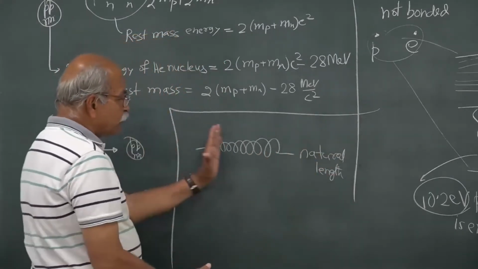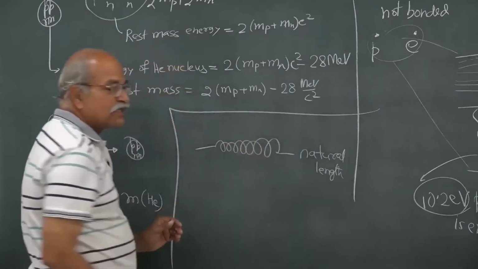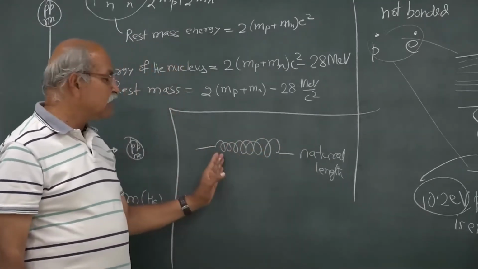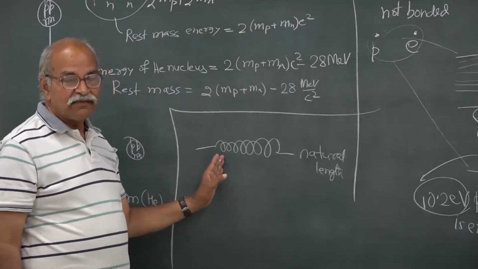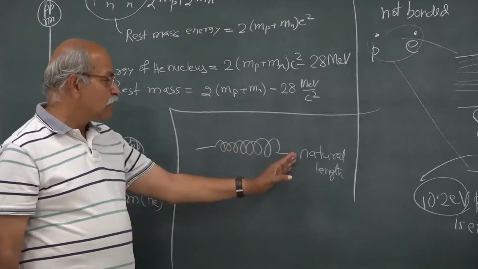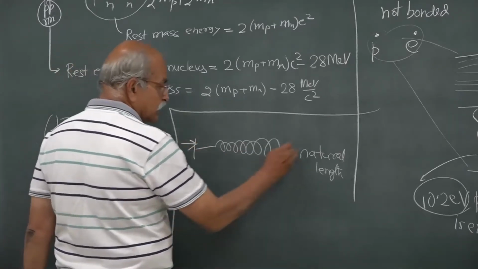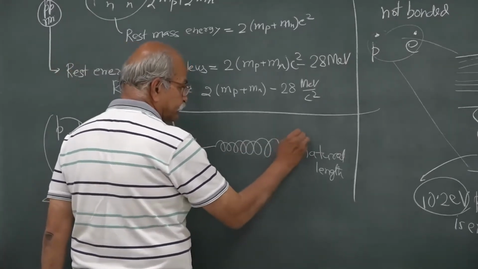You apply a force from this side, you apply a force from this side. So, this end moves in this direction, you have a positive work done by the applied force. From here also you have positive work.